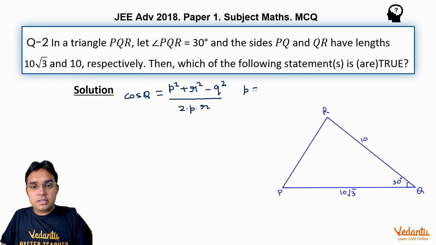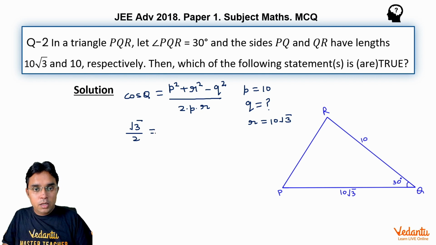Here P is the side opposite to vertex P, which is 10. Q is the side opposite to vertex Q, it is unknown. And similarly, R is 10 root 3. Now cos Q is cos 30, so it is root 3 by 2. P square is 100, R square is 300, minus Q square, upon 2 into 10 root 3.